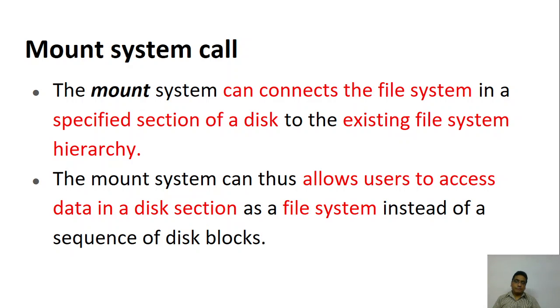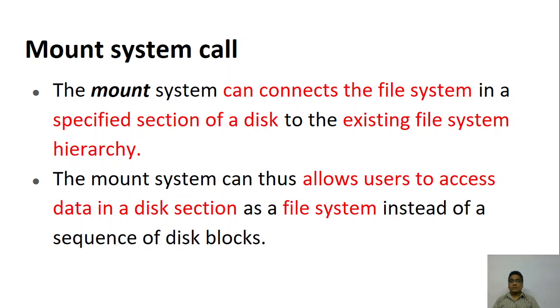Let's come back to the PowerPoint now. So whenever we want to connect a file system, that is an external file system like our CD or our pen drive, we call that mounting. So we have to mount the file system into the existing file system. So we can use the mount system call to connect the file system at a particular specified section within the disk of our existing file system hierarchy.